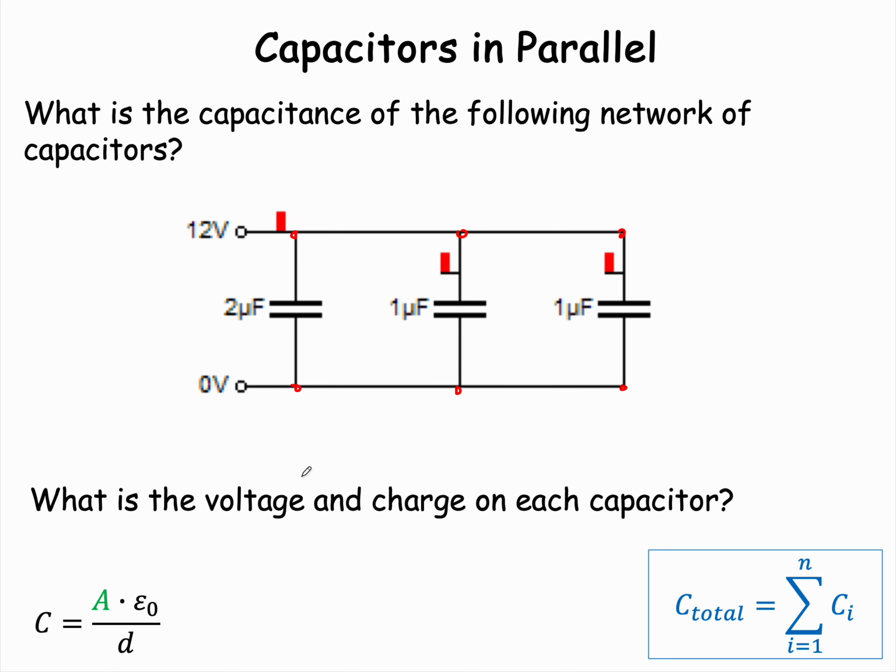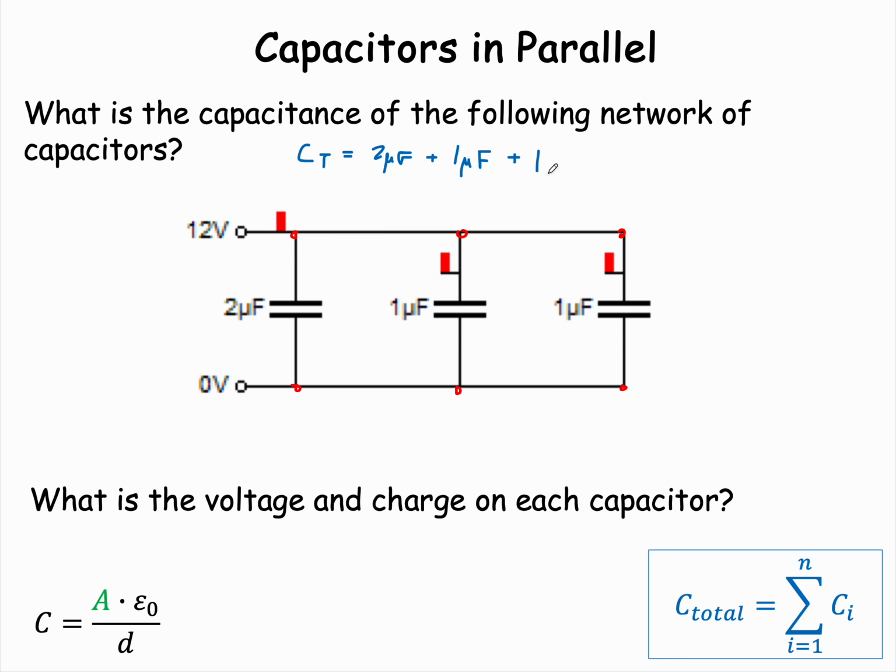Total capacitance in this case is simply going to be the sum of those. So the total capacitance is going to be 2 microfarads plus 1 microfarad plus 1 microfarad, which is going to be 4 microfarads.